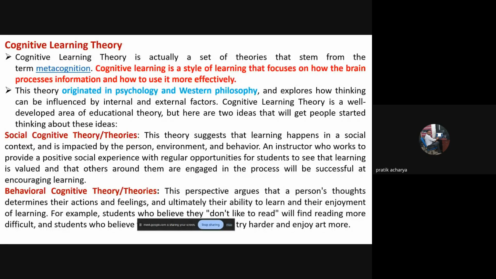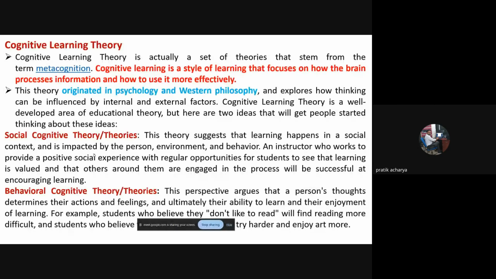Social cognition theory, the different ideas of this theory. First is social cognition theory. This theory suggests learning happens in a social context and it is impacted by the person, environment, and behavior. Here is the example cited. If an instructor wants to provide a positive social experience with regular opportunities for students to see that learning is valued and that others around them are engaged in the process, they will be successful.